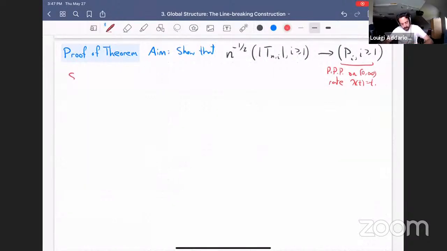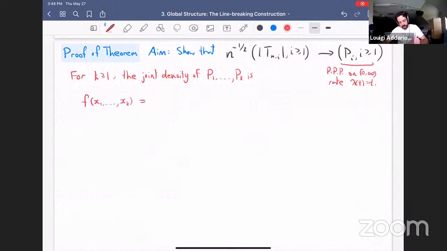Okay, so let's start by writing down the joint density of the points on the right hand side. For positive integer k, the joint density of p1 up to pk, I'll call it f.